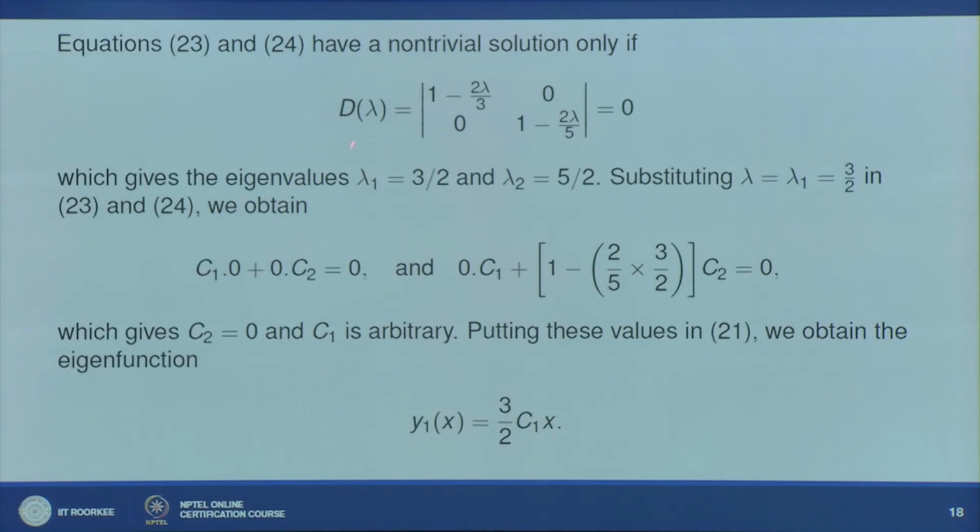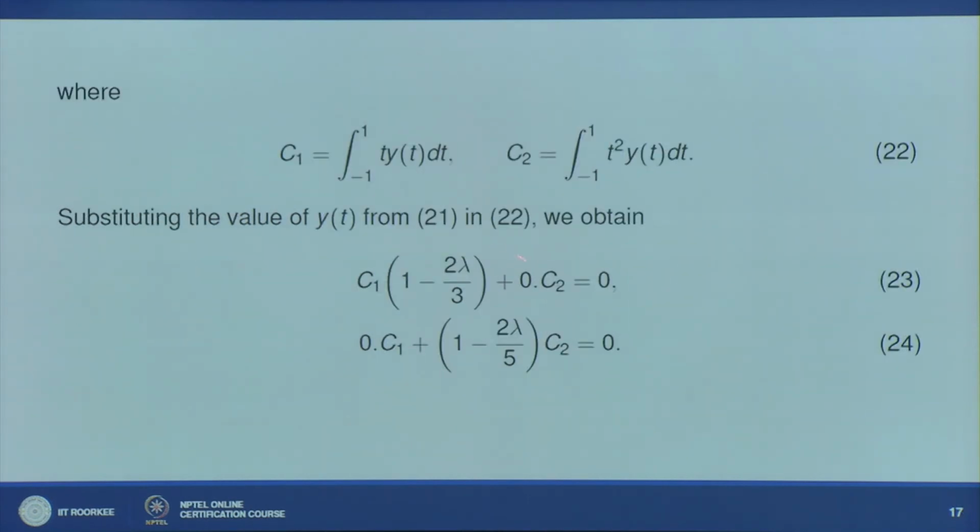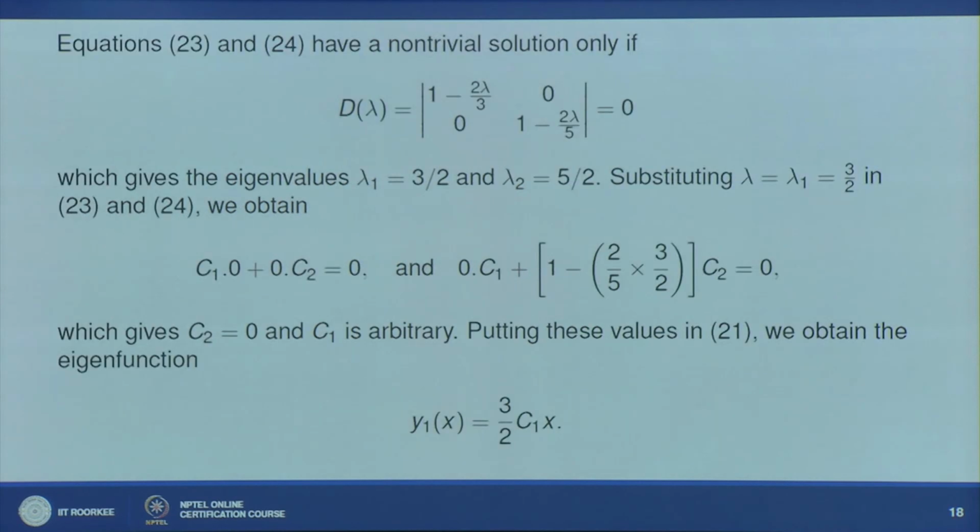Here D lambda is the coefficient matrix of this algebraic equation. D lambda comes out to be the determinant of 1 minus 2 lambda by 3, 0, 0, 1 minus 2 lambda by 5, and this is simply a triangular matrix, so you can get your eigenvalues very easily. We get lambda 1 equal to 3 by 2 and lambda 2 equal to 5 by 2 as the eigenvalues, meaning those for which D lambda has 0 determinant.